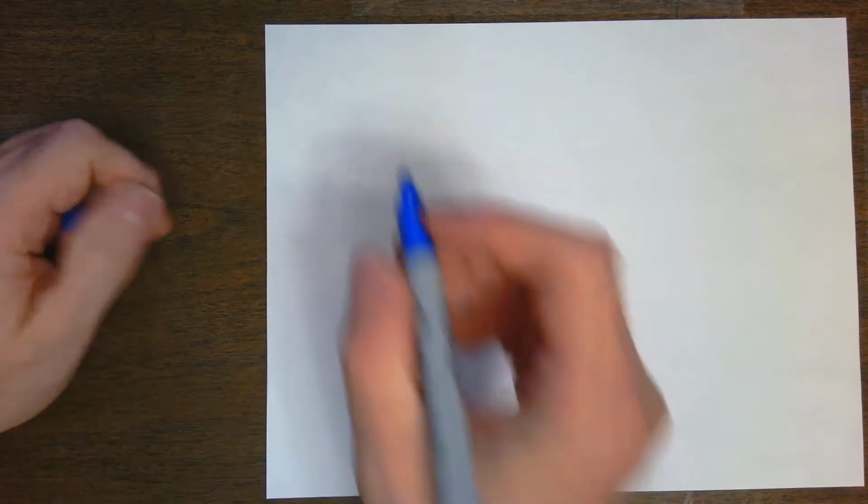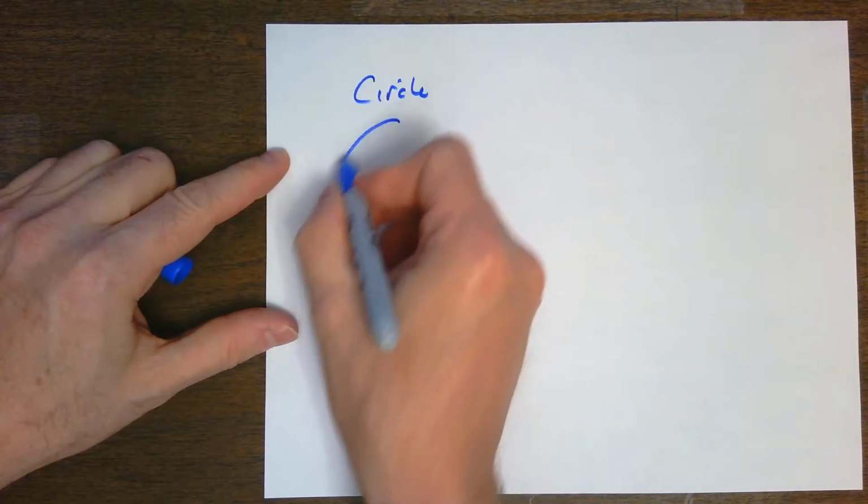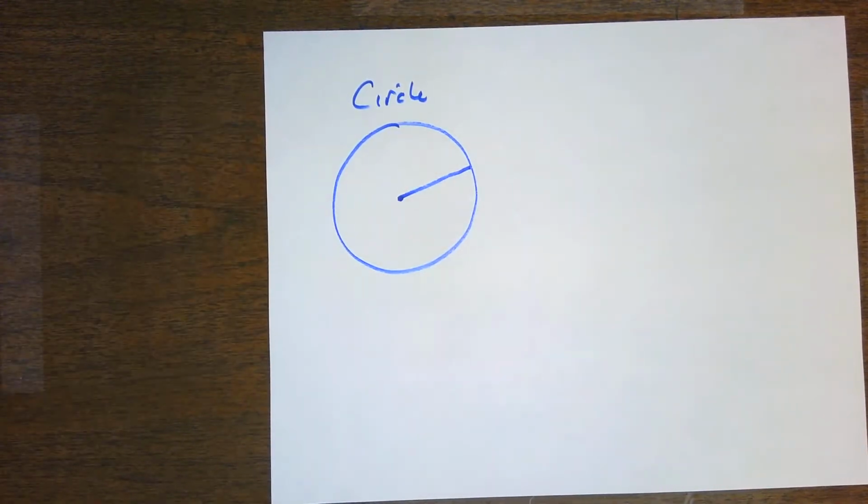All right, so I want to take a look now at some of my two-dimensional and one-dimensional constructs, like something as simple as a circle. How many dimensions does a circle have? 2, length and width.